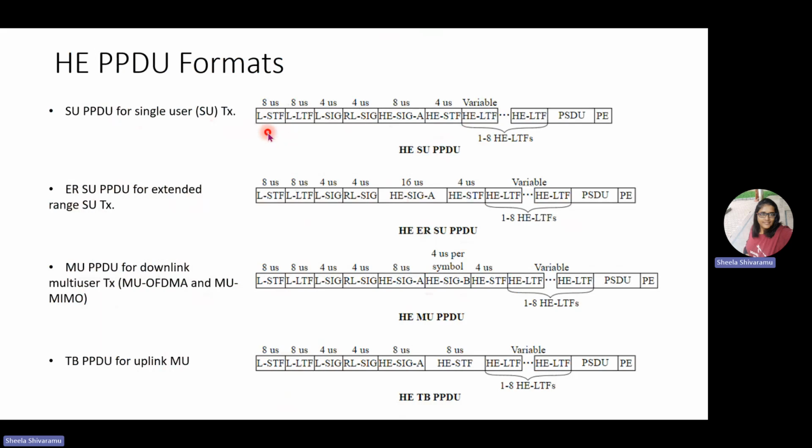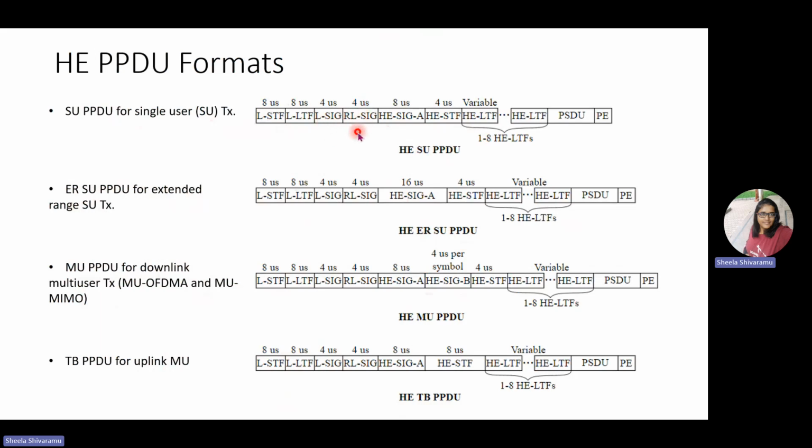L-STF is basically used for packet detection and synchronization. The L-LTF is used for channel estimation and to decode the pre-HE-LTF fields. That is, whatever portion of the packet preamble is before HE-LTF is called pre-HE-LTF. So L-LTF is used for channel estimation and to decode the pre-HE-LTF fields in order to recover the information. Then the L-SIG field has the length of the packet in microseconds.